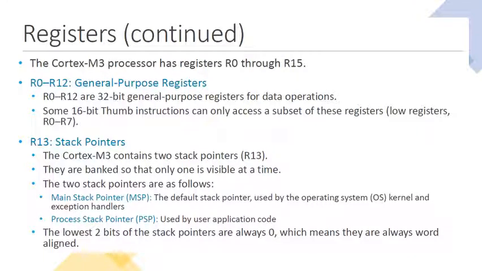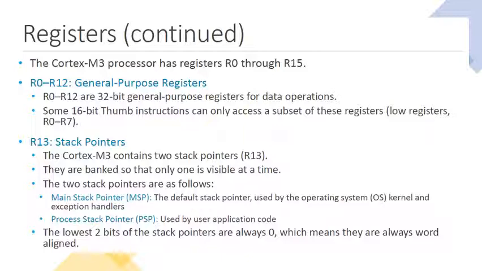Now, if we explore these registers R0 to R12, as I told, they are 32-bit general purpose registers for data operation. Some 16-bit Thumb instructions can only access a subset of these registers, that is R0 to R7, which we have seen earlier.